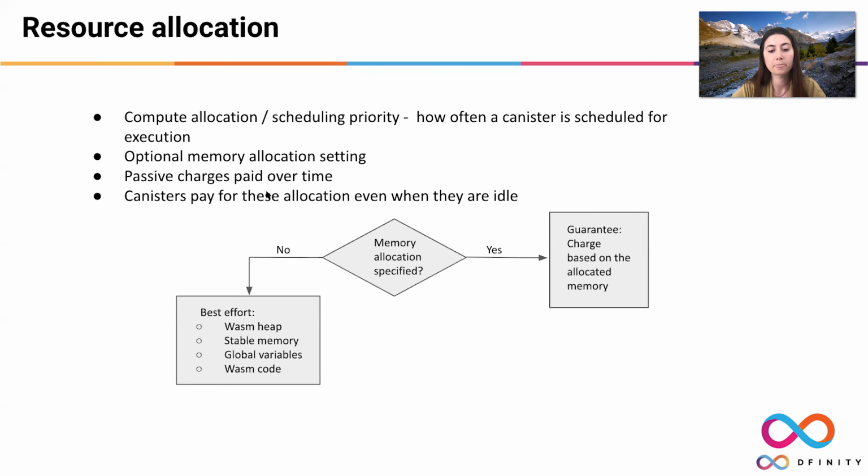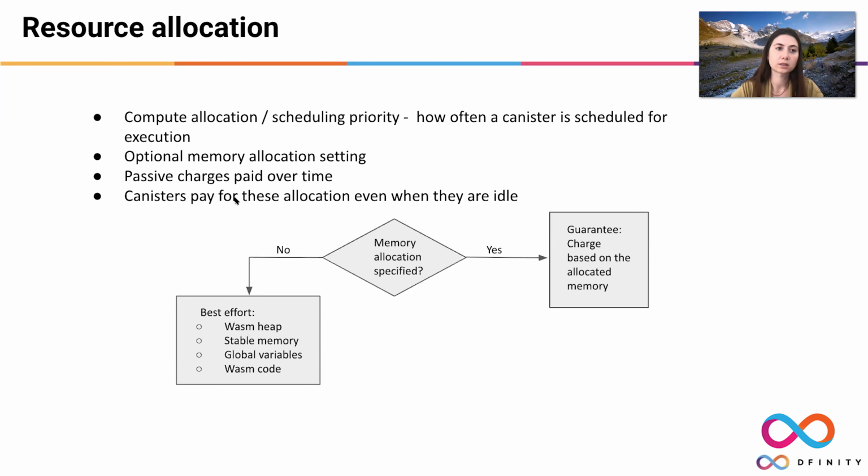The fees related to messages can be considered active fees because they are only applied, so cycles are deducted from the canister balance, only at the time when something is happening. If we take a simple example like executing a message, then we charge for execution at the exact moment when the execution is happening.